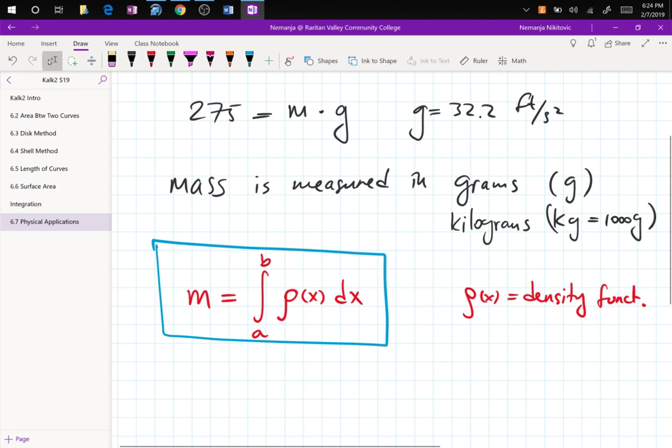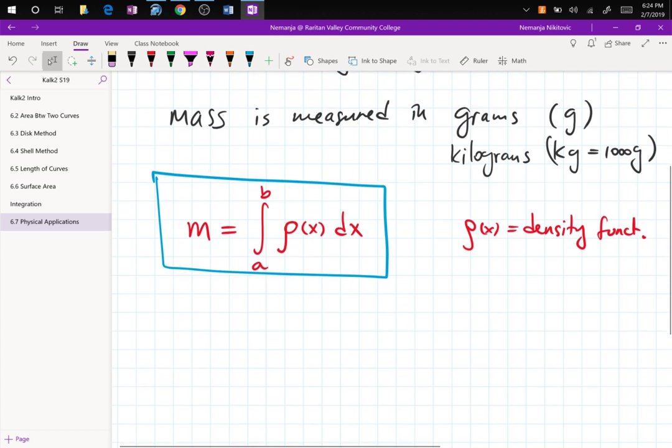So now we know that mass is the integral of density, and I'm going to jump immediately into the homework assignment and calculate one of these variable densities for something. Let's go with problem 20.